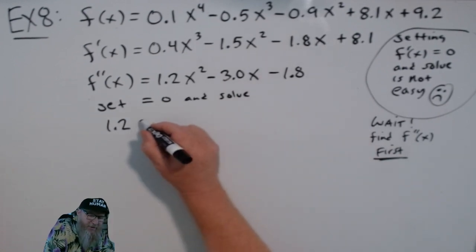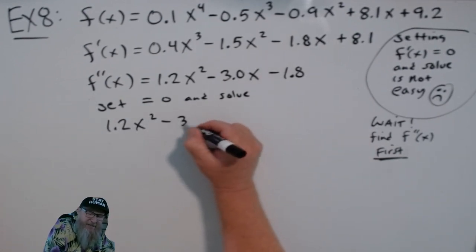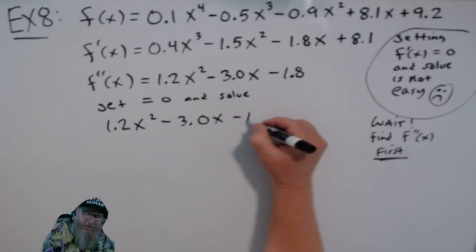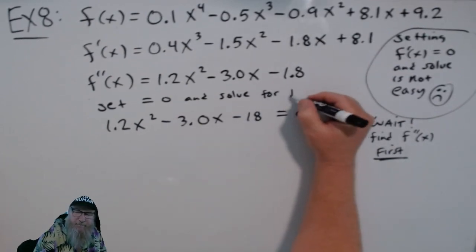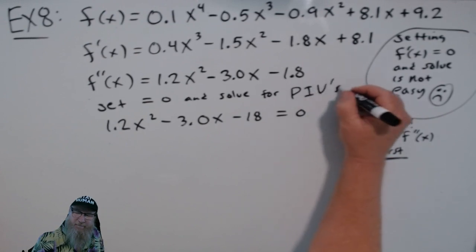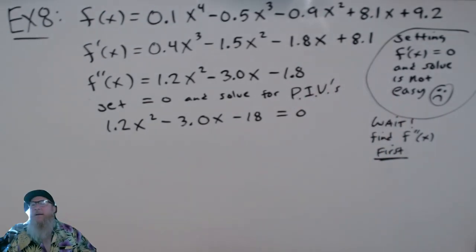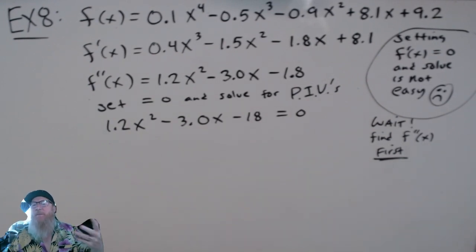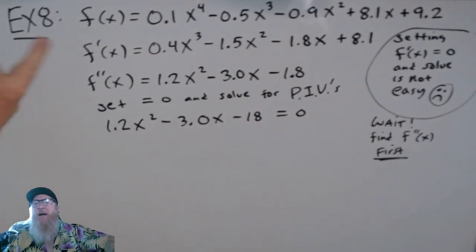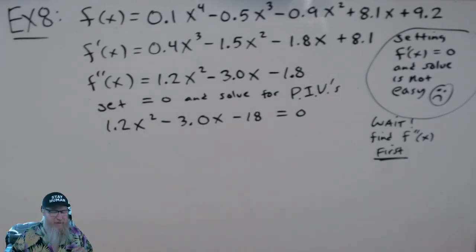So this is called the PIVs, the possible inflection values. All right. So once I get those, then I'll be able to definitely go back and deal with the first derivative later.